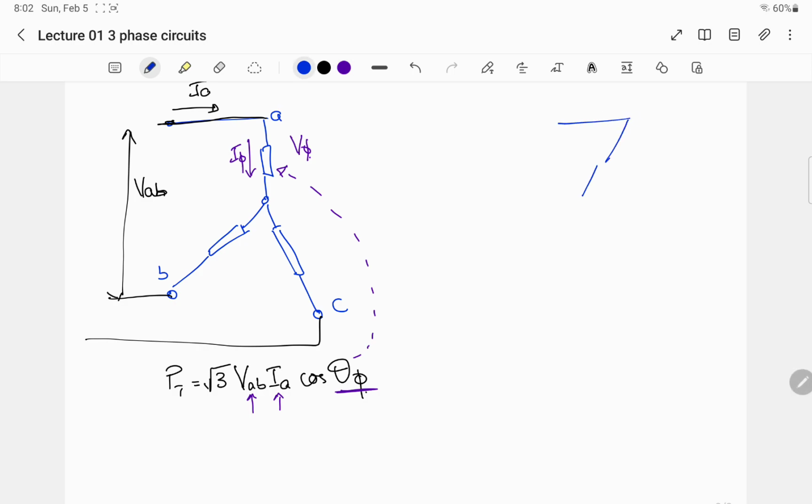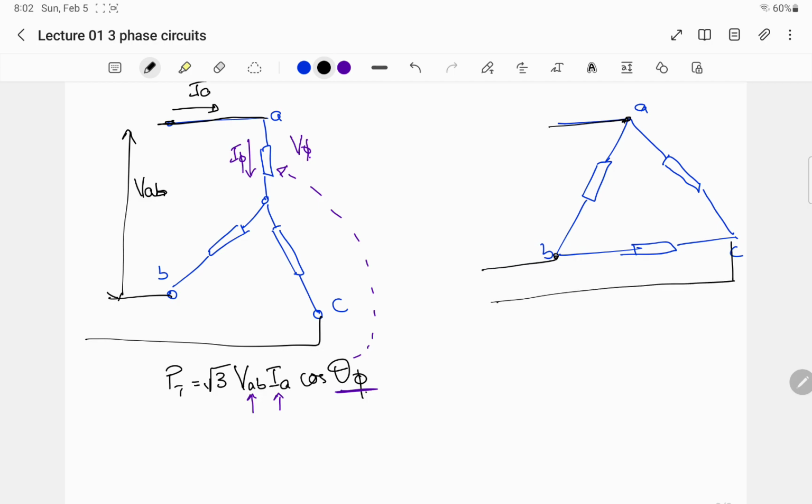Similarly, if we have a delta load, A, this is B, this is C, and what we have here is, in this scenario, the total power again can be calculated by under root 3.